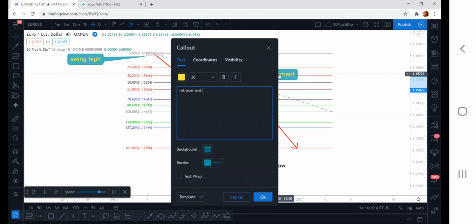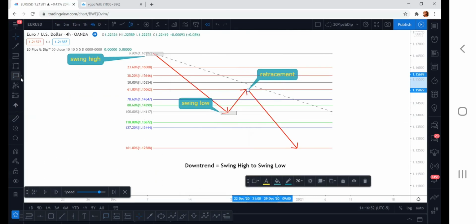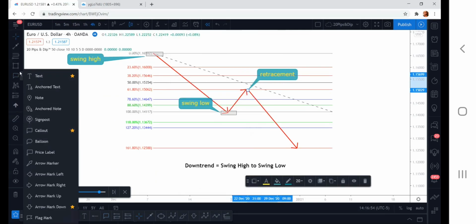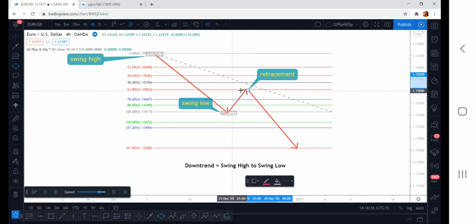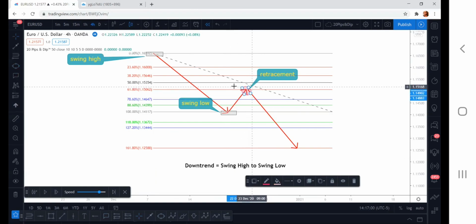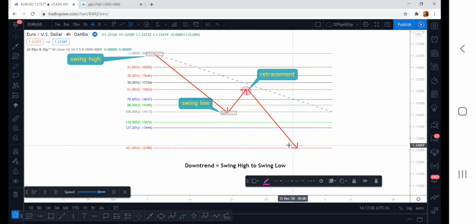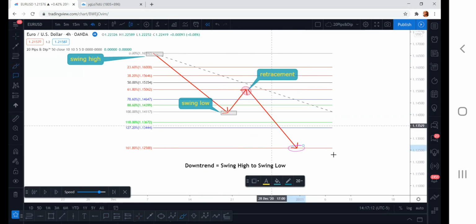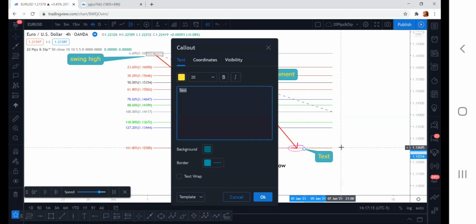This is the retracement. This is where you would execute, where you would line up your confluences, where you would look at price action, all those good things. And then right here is where you take profit. This is textbook though. Perfect situation.